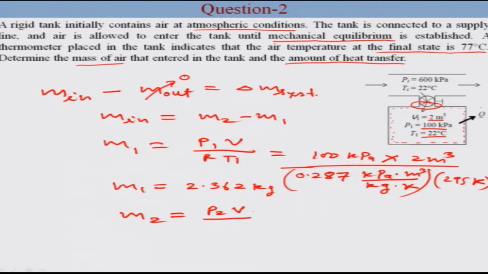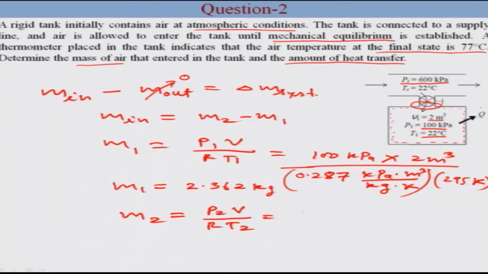Similarly M2 will be P2V upon RT2. Since the tank is rigid, volume will be the same. We need to find P2. It is given that the tank is in mechanical equilibrium with the supply line, which means the pressure of the tank will be equal to the pressure of the supply line, which is 600 kilopascal.